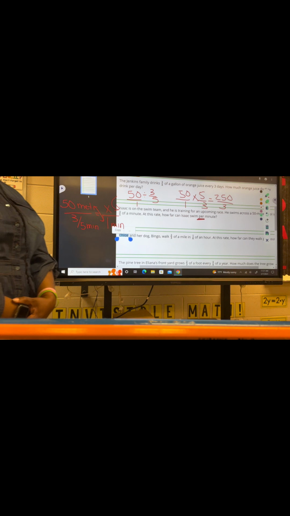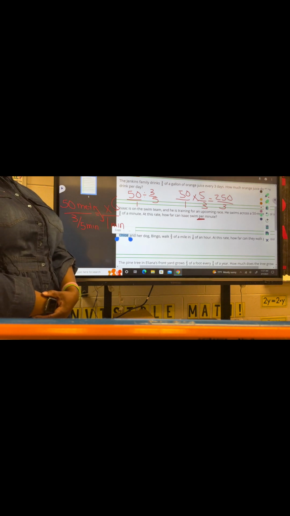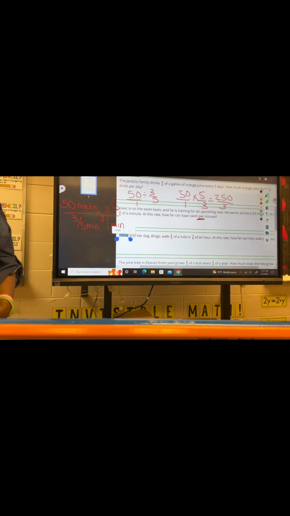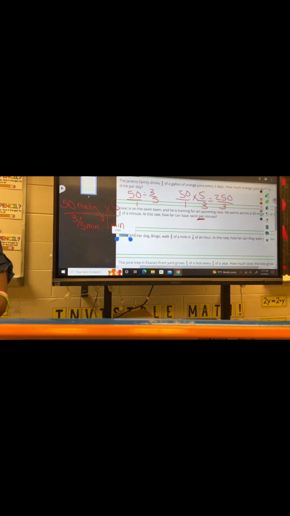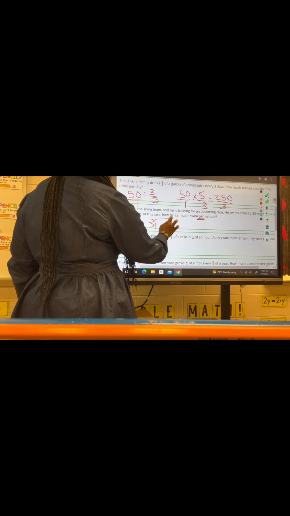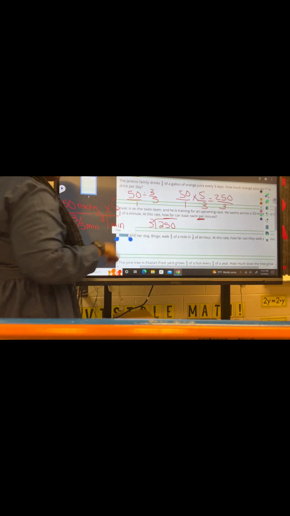Now, can we simplify 250 over 3? Because it's an improper fraction, let's go ahead and make that 250 divided by 3. And this is how I'm going to do this, guys. 3 divided into 250. 83 with 1 over 3.